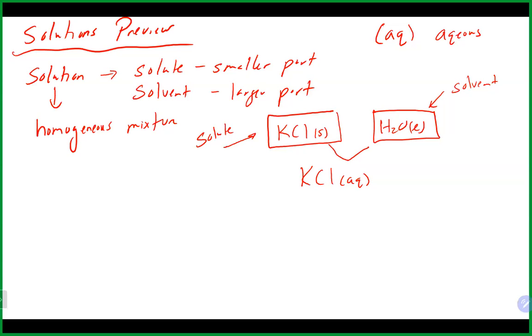So let's talk a little bit about that idea and how things dissolve in each other. And the way things dissolve in each other is this idea of what is referred to as like dissolves like. And what that means is these are things that are typically soluble in each other.